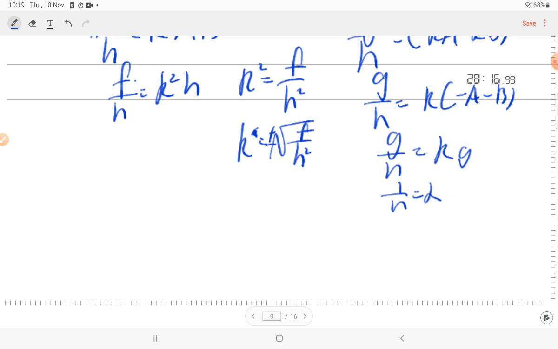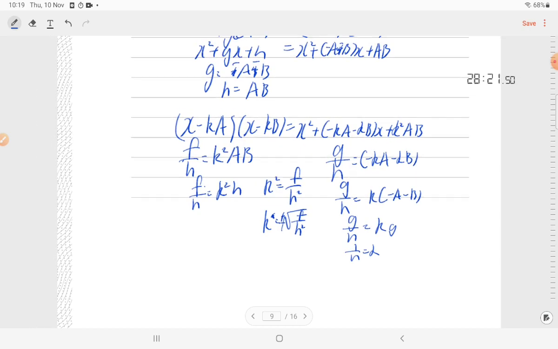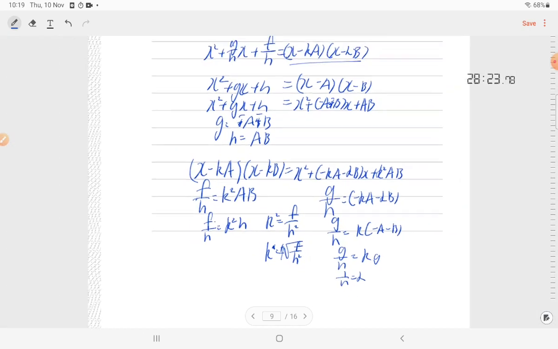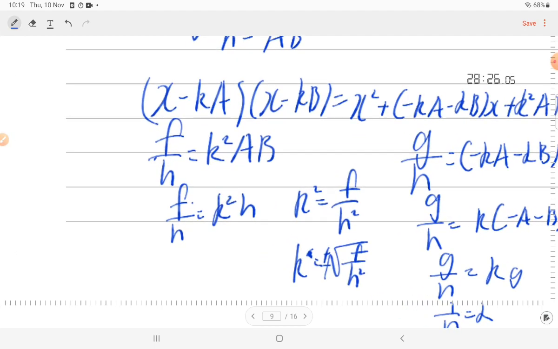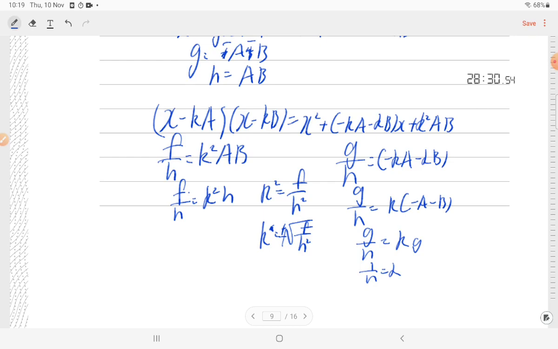We've got contradicting statements. k squared is equal to f over h.